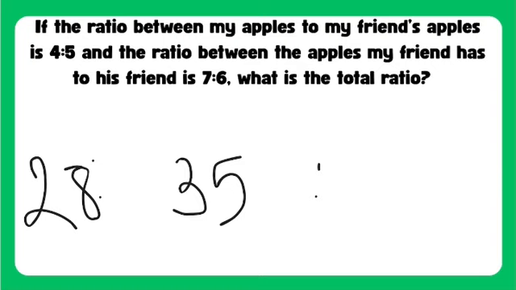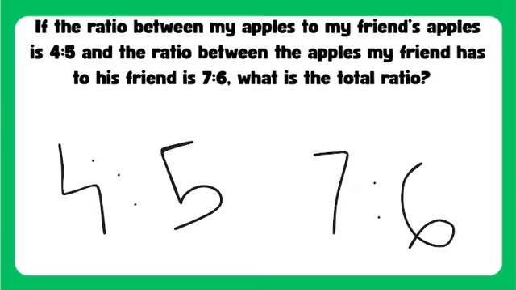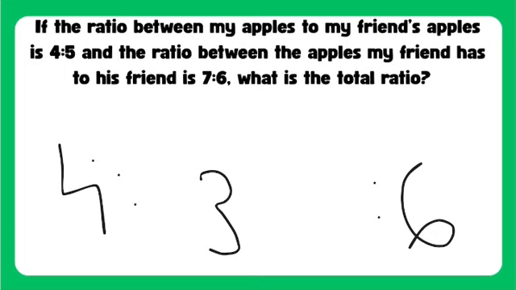What you can think of it as, we have a ratio 4 to 5 and the ratio 7 to 6, and over here this is my friend and this is also my friend. So we have to find the LCM, which is the lowest common multiple between them, because we have to make sure that both of them have the same number. So we just simply multiply them, and that gives us 35, and we multiplied on this side by 7.